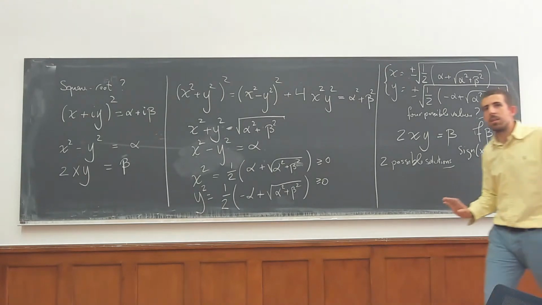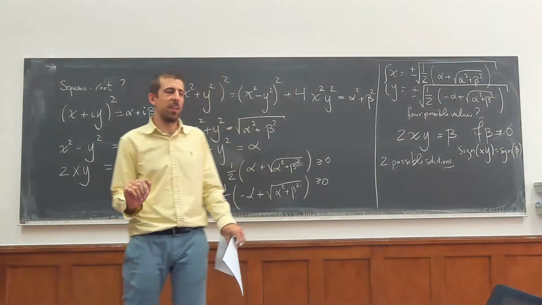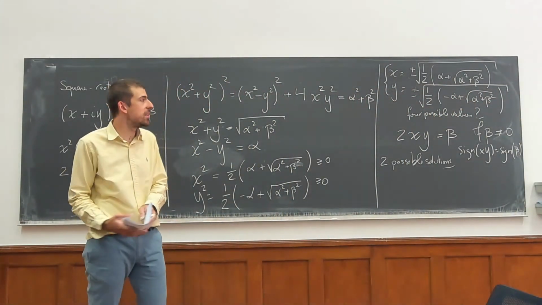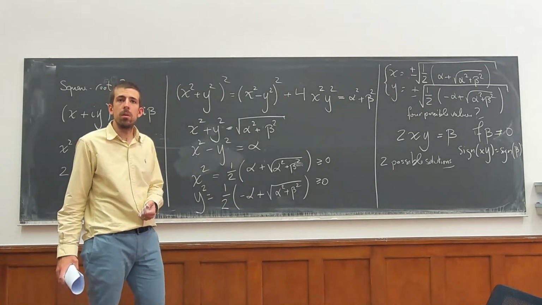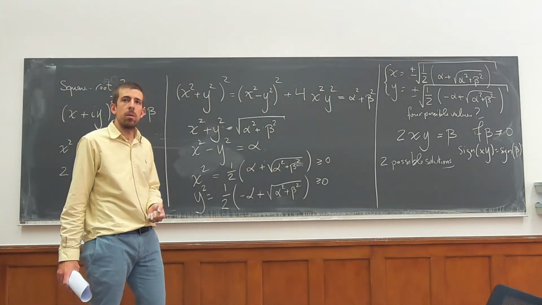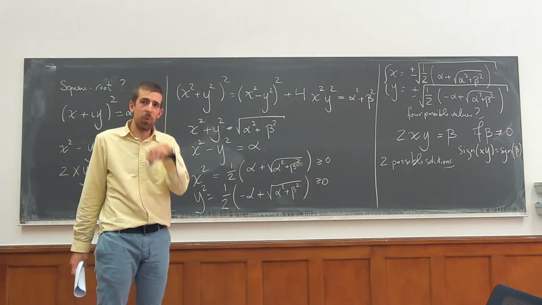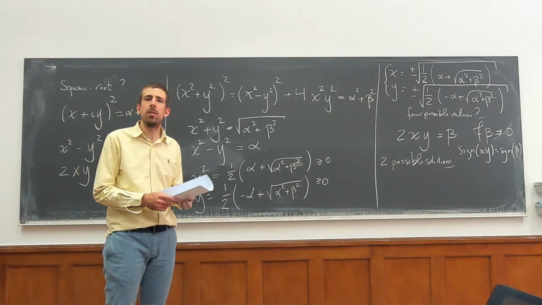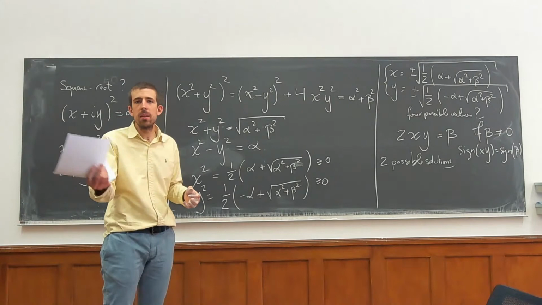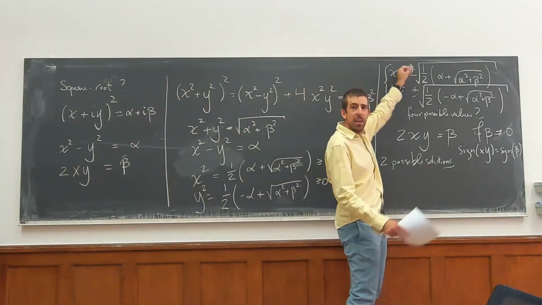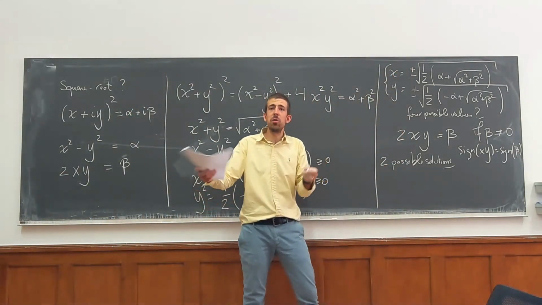But let's first intuitively think about this a little bit. So what happens if beta is 0? What's the catch if beta is 0? Then either x or y is 0. There are 2 ways of viewing this.